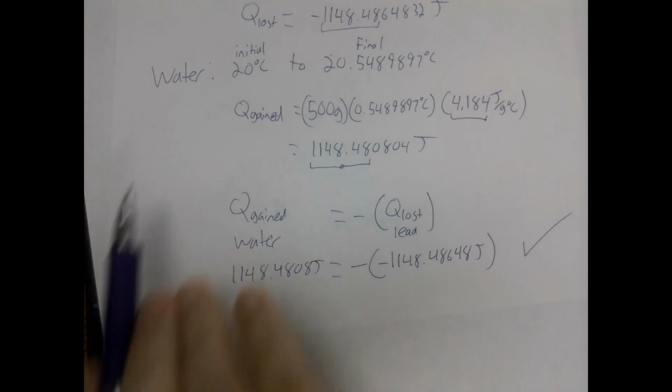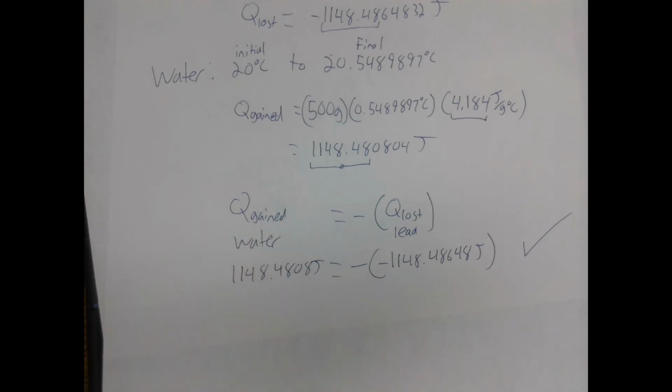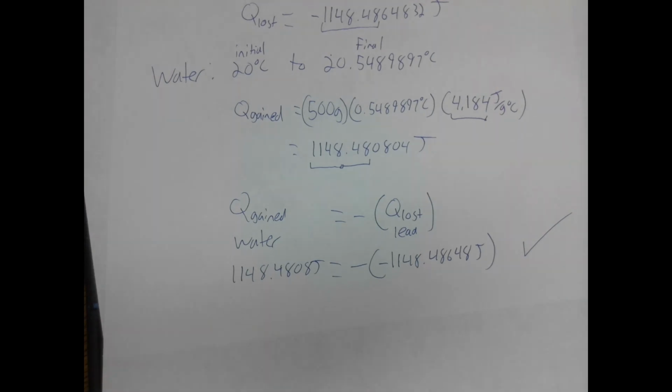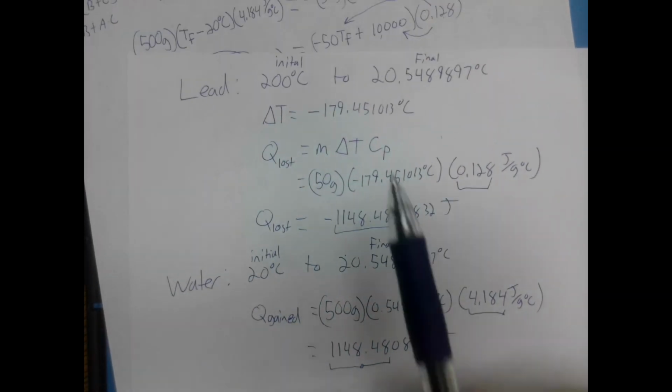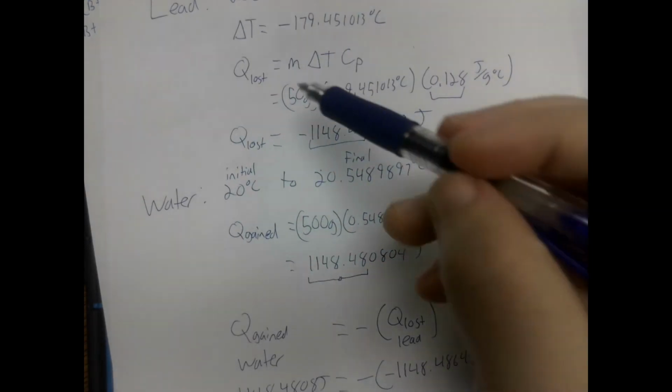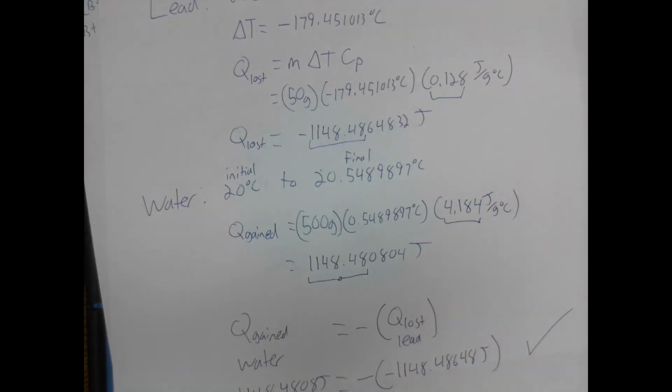Again, it takes water a lot of energy to increase it. Lead doesn't take that much energy to make it change temperature. So lead loses over 179 degrees Celsius and there's also 10 times the amount of water, right?